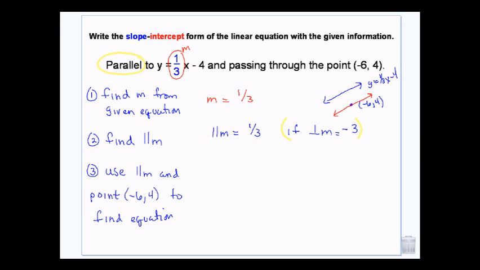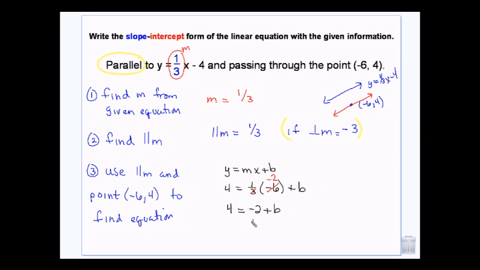So okay, y is 4, m is 1/3, x is negative 6. I'm looking for b. 3 goes into negative 6 negative 2 times. So 4 is equal to negative 2 plus b.